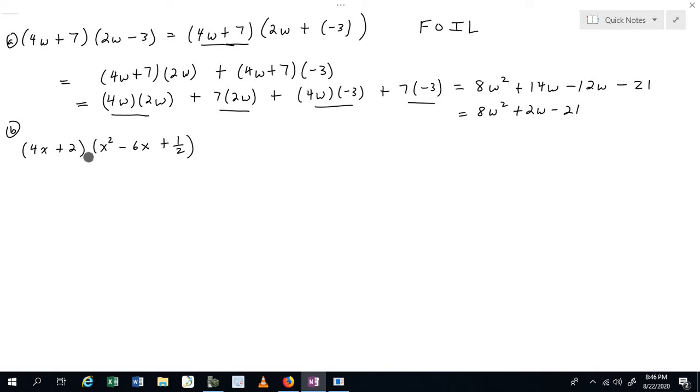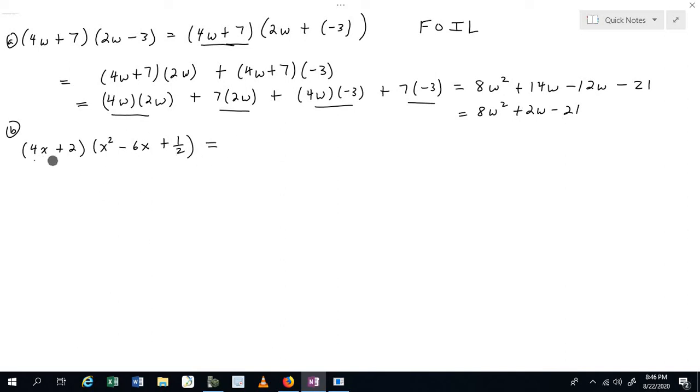But down here, we have a binomial times a trinomial. And so you really can't use the FOIL method in that case. You can only use the FOIL method when it's a binomial times a binomial. But nonetheless, the FOIL method came from this idea of distributing this polynomial to the other polynomial. And so we're going to do the same thing here. We're still just going to distribute.